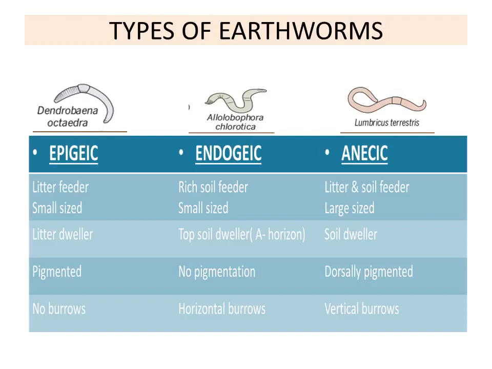Example, Dendrobaena. Endogeic worms live in rich soil, feed on the soil and make horizontal burrows. Example, Allolobophora. Anecic worms live in vertical burrows and are litter and soil feeders. An example is Lumbricus.